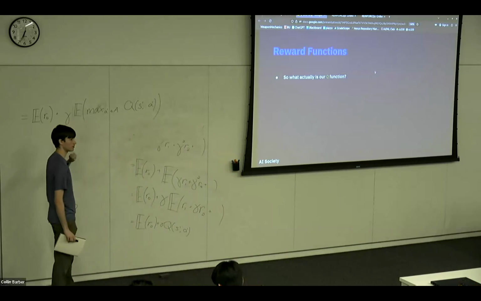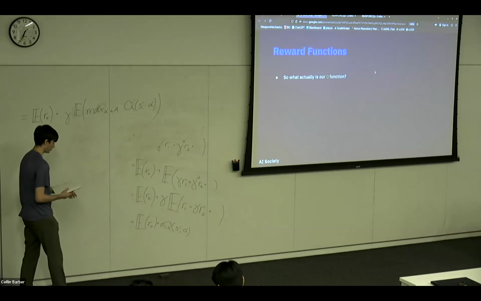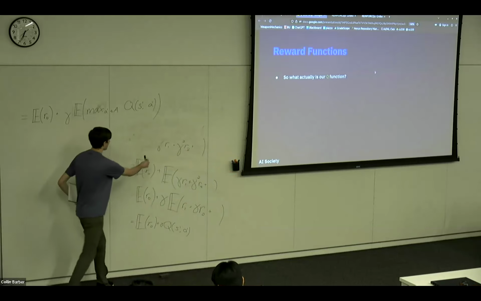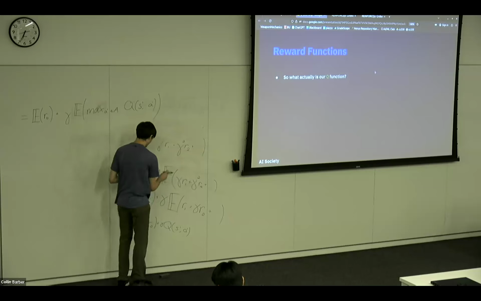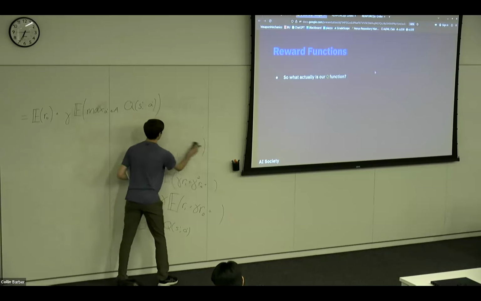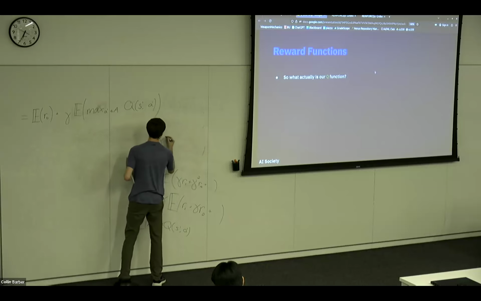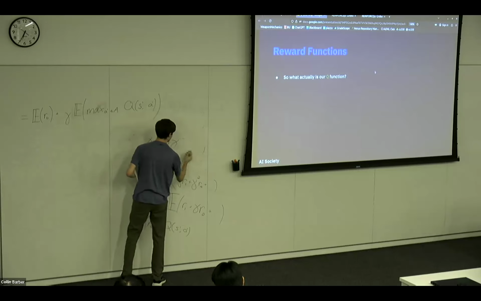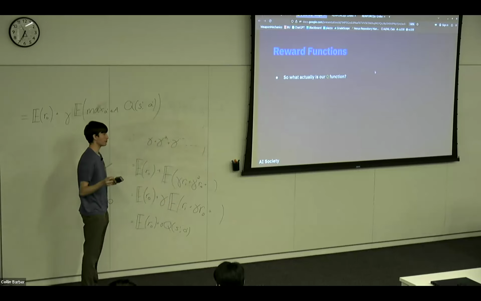What could the max value for gamma be? Well, that's an interesting point. If I have gamma plus gamma squared, we run into a calculus problem: it's a geometric series. If you have gamma plus gamma squared plus gamma cubed and so on, you can't have gamma be greater than or equal to 1, because then it diverges.